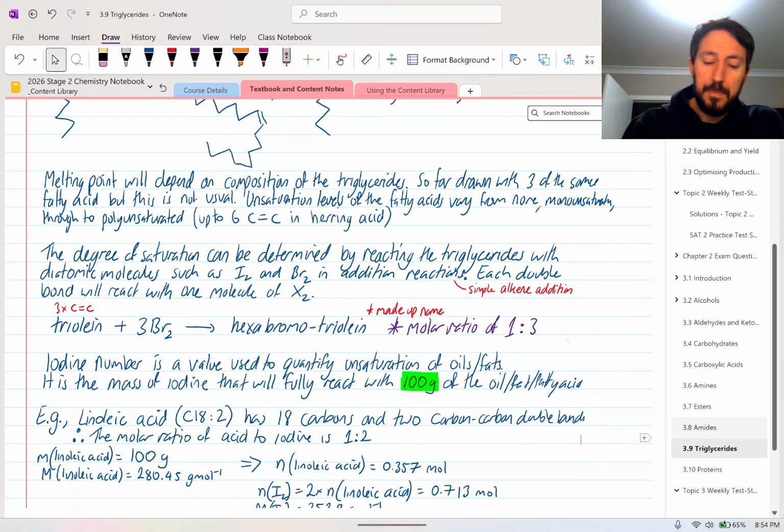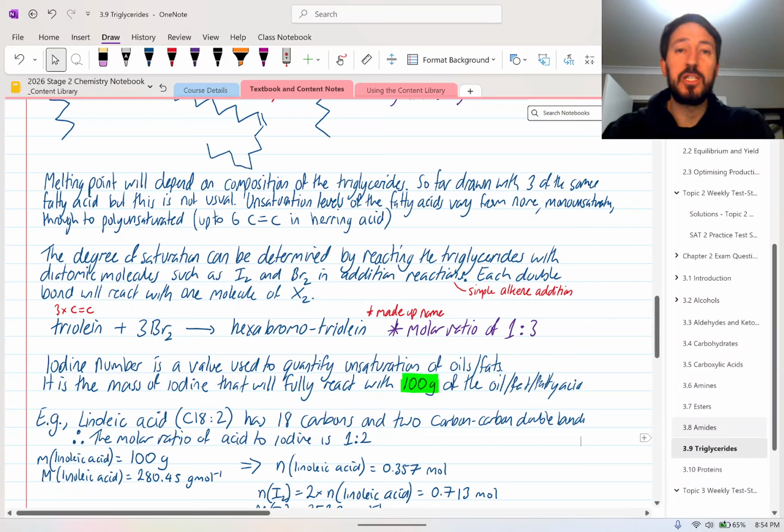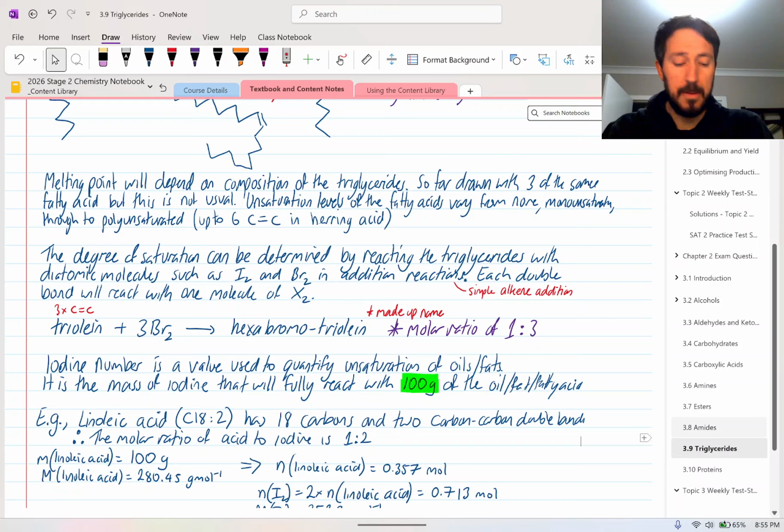Either way, it's a simple addition reaction that happens between these diatomic molecules and the carbon-carbon double bonds in these unsaturated fatty acids. Each double bond in these fatty acids will react with 1 mole of our diatomic molecule. So if we have 1 mole of fatty acid with 1 double bond, that's essentially 1 mole of double bonds, and so it'll react with 1 mole of bromine, for example.